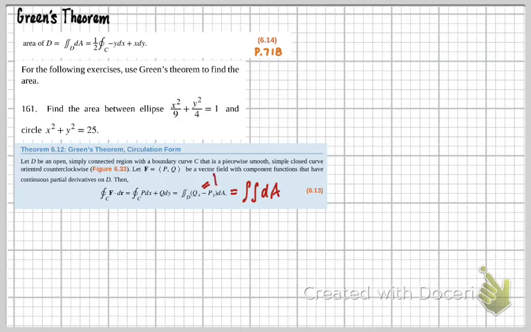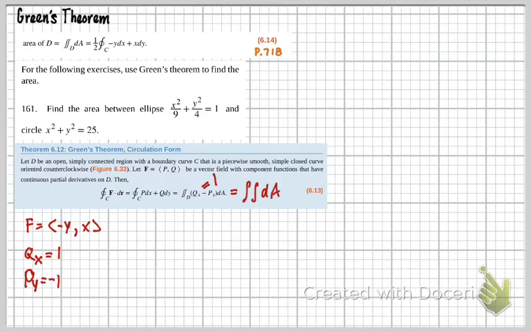Now, one other component of this, take a look at the original area formula for Green's theorem. Let's take F equal to negative y comma x. If I use this formula, then my Qx is going to be 1 and my Py is going to be negative 1.